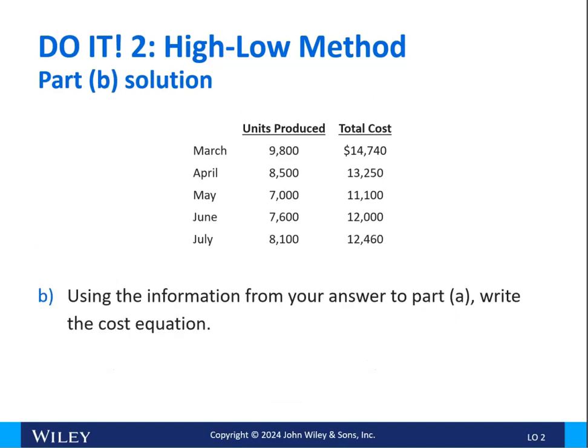So next, we're going to use the information we just calculated to write the cost equation. We have $2,000 of fixed costs and $1.30 of variable costs. So our total costs are going to equal $2,000 plus $1.30 times units produced.